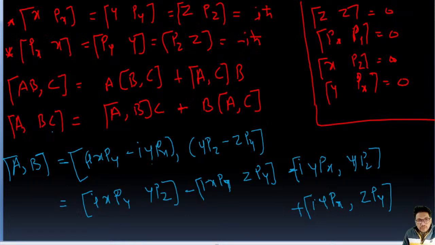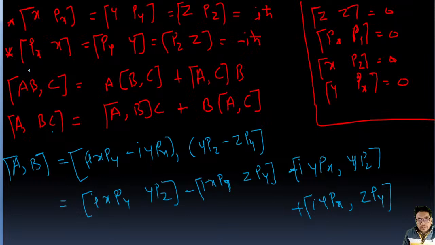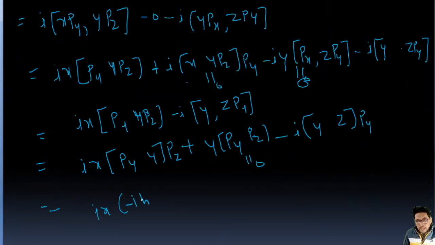Okay, so this is going to be YPY means IX YPY. This is minus IH cut YPY, minus IH cut PZ PZ.